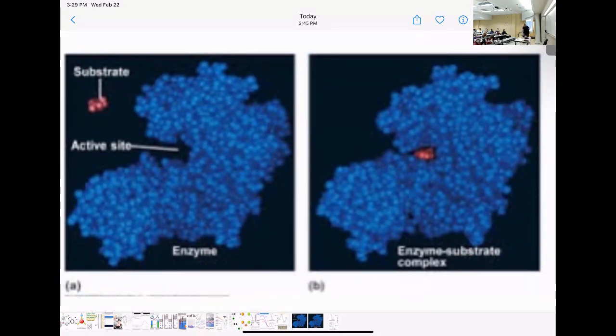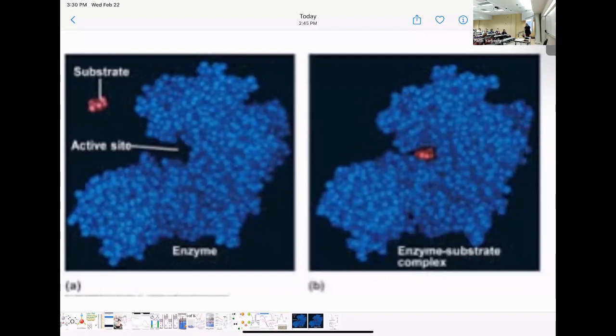What happens is you have your substrate, the molecule you want to undergo the reaction, and it enters into that active site, and that active site starts pulling that molecule apart so that the reaction can occur.